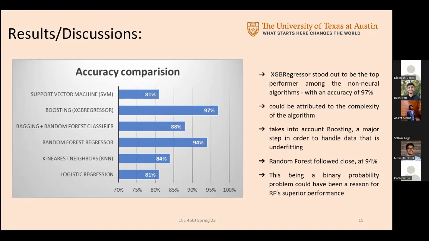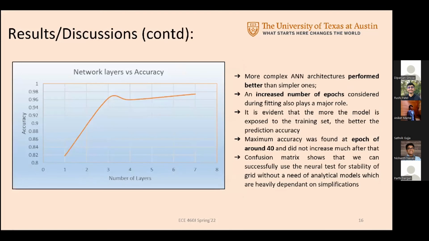And going a little bit further on the neural network side, we can see here that the accuracy correlating with the number of layers has a positive correlation. The number of layers was relatively successful in each iteration as we added more and more layers to our model. The number of epochs, as we saw in each model from earlier, capped out at about 40. So having anything beyond that didn't really make too much of an impact.